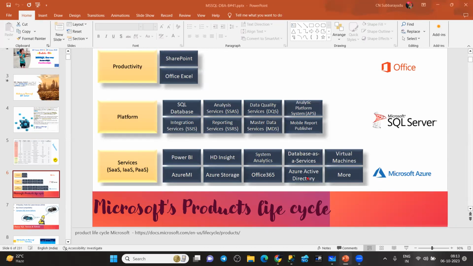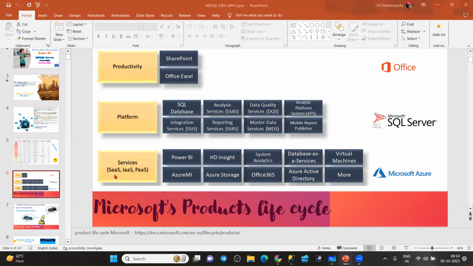Anyhow, database as a service is nothing but SQL database and MI. All these terminologies, first time who are listening, no worries at all. We are going to do a deep dive. After 1 month, we will start Azure. When we start Azure, you will again get all these terminologies: what is IaaS, what is PaaS, what is SaaS. Everything you will get.